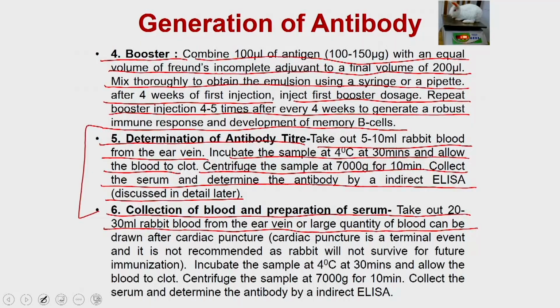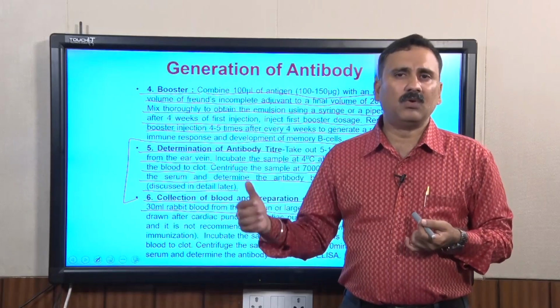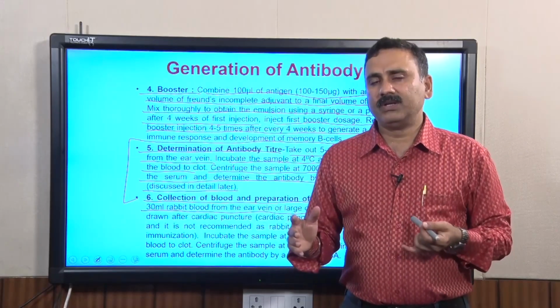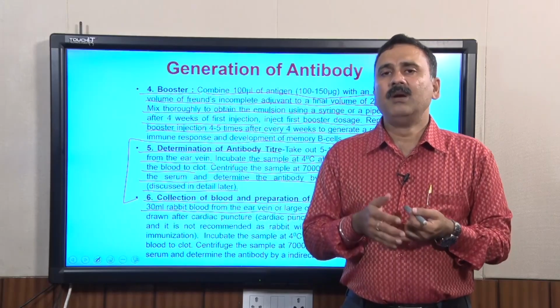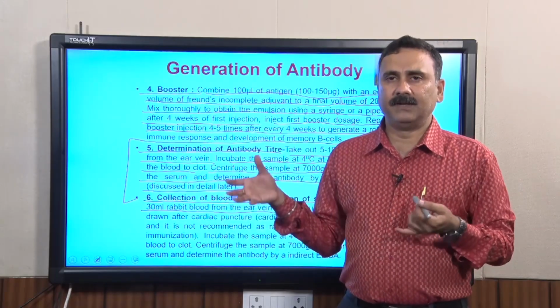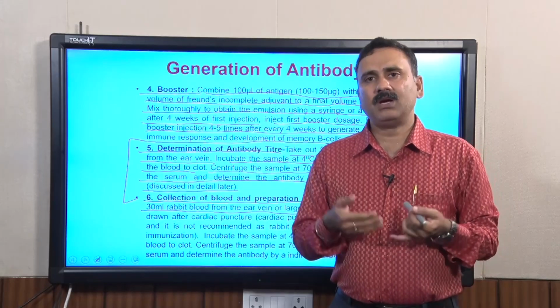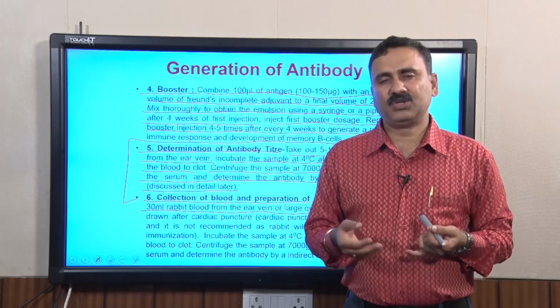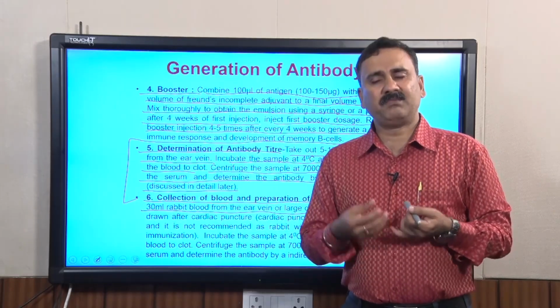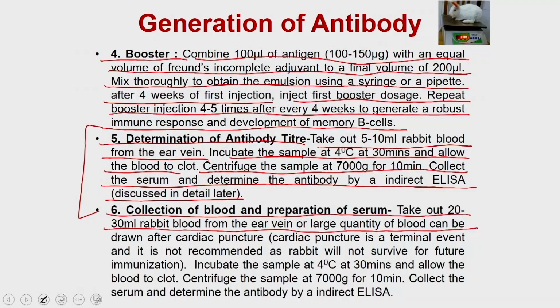So, for larger animals like rabbit, goat or sheep, people are not doing cardiac puncture, but for smaller animals like mice, people are doing it, and that is how they collect as much blood as possible from the animal.